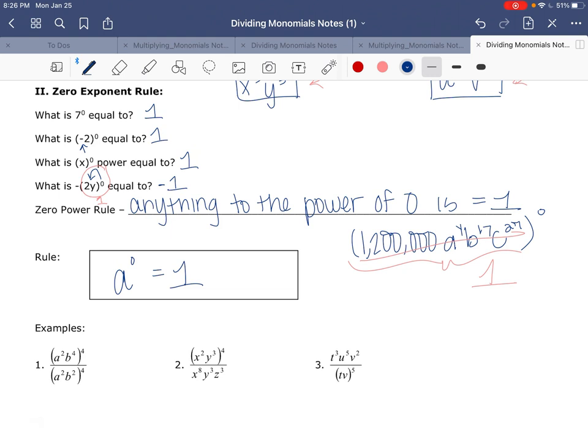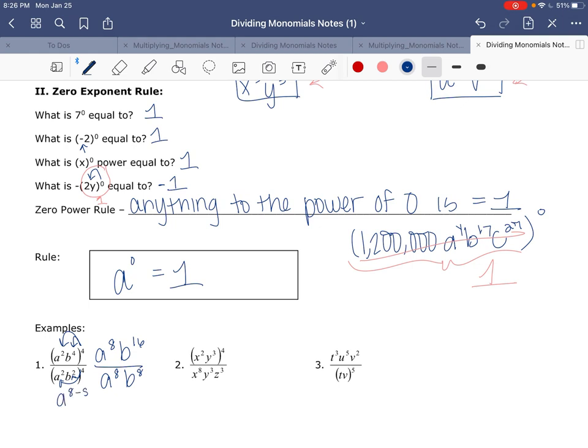All right, so let's look at this first example. We have our powers raised to a power, so it's going to multiply in. So I get a to the 8th, b to the 16th, over a to the 8th, b to the 8th. So when I see the a to the 8th over a to the 8th, I can subtract.